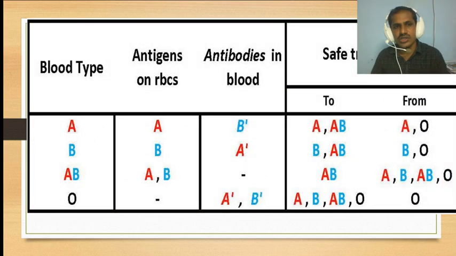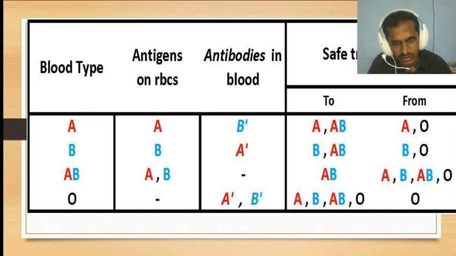Because O doesn't have an antigen and AB doesn't have an antibody, based on this table, the AB person is the universal acceptor and the O person is the universal donor.